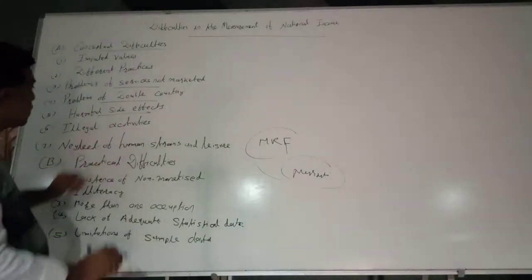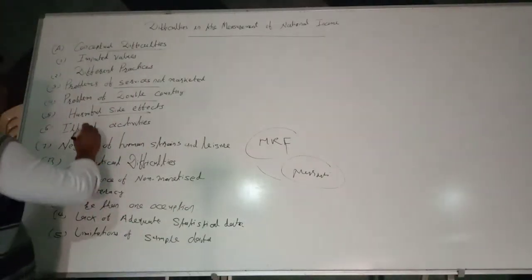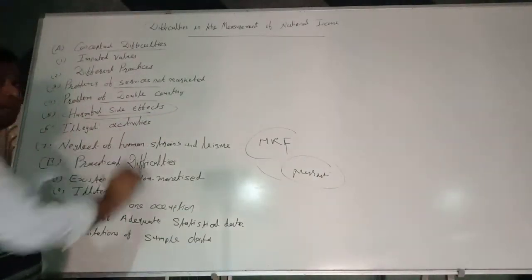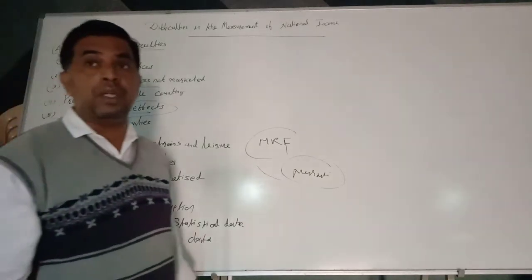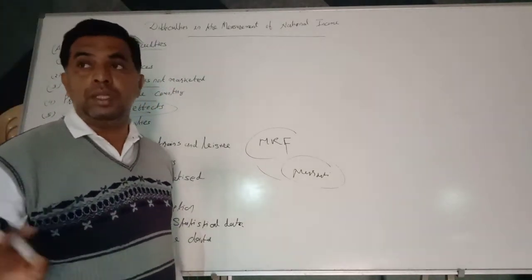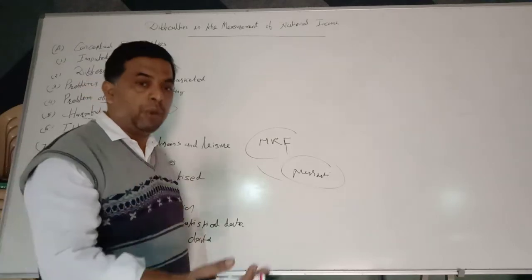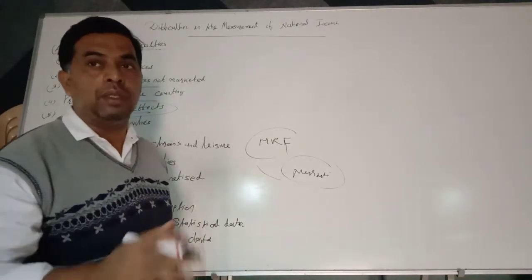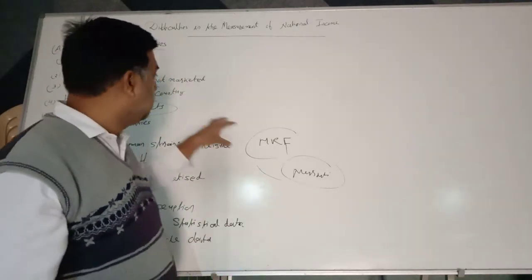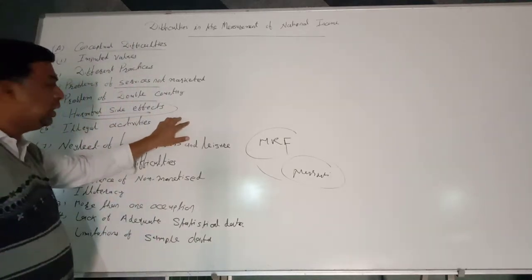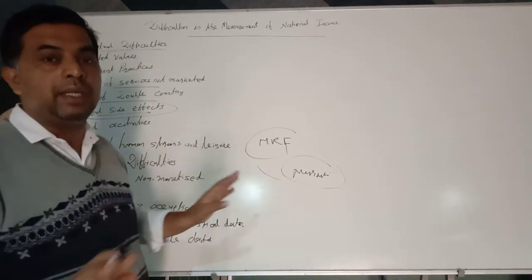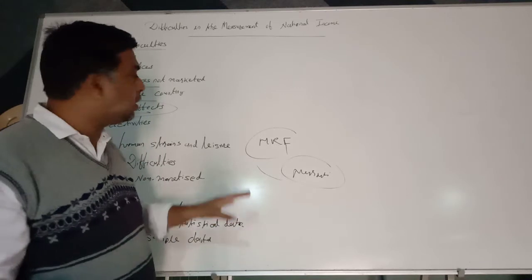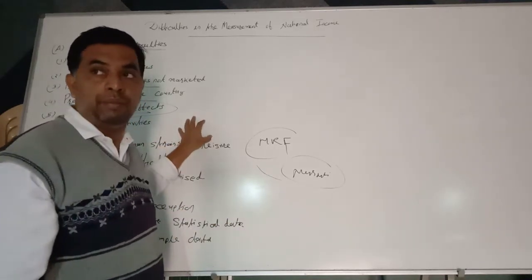But there are also harmful side effects. Okay, there are also negative externalities due to industrial production: air pollution, water pollution, etc. But so far as computing of national income, the committee does not consider this harmful side effect.